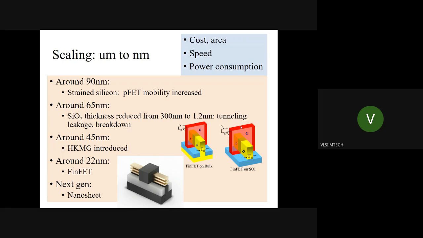This gate stack, let's see if I can. The normal MOSFET has, above the semiconductor, oxide and then the gate. In the high-K stack, above the semiconductor, there's an interfacial layer of SiO2, and above that there is this high-K material, and then the gate.